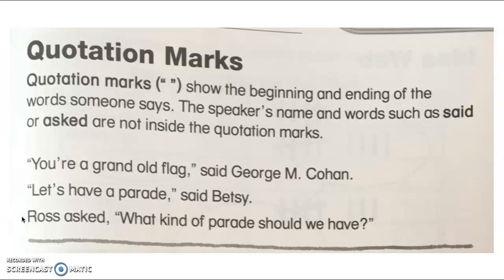Ross asked, "What kind of parade should we have?" So we see Ross was going to ask the following question. This is where he starts talking, so that's where the quotation marks start, and this is where he stopped talking, that's where the quotation marks end.